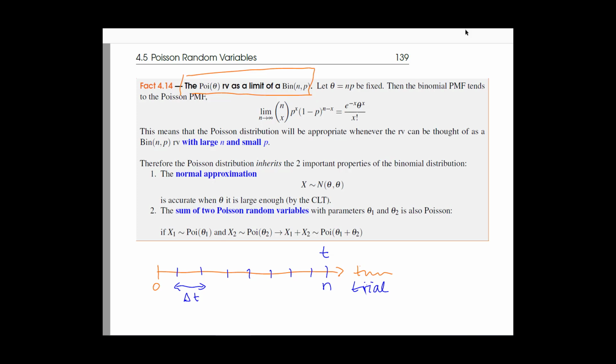So for example, t could be 1 year, so we're going to know the number of tornadoes in the next year. Then you could divide a year into 12 months, so delta t would be 1 month. And then you can say in a year it would be binomial with parameter 12, and p is whatever the probability of having a tornado in one such month.